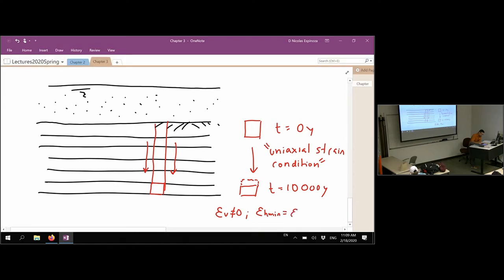It's going to be equal to the other one in the perpendicular direction, and it's going to be equal to 0. It just deforms in vertical direction. And so we're going to reduce now the problem to a condition in which our two horizontal strains are equal to 0.